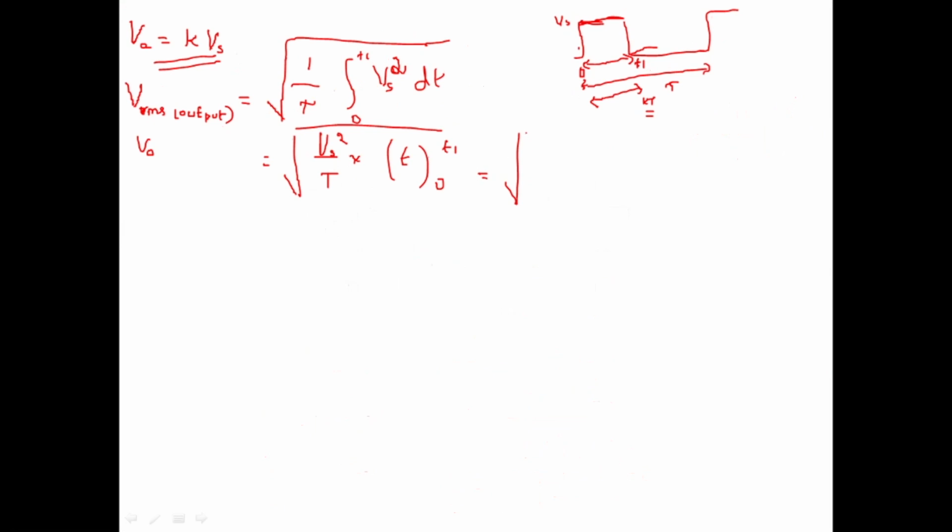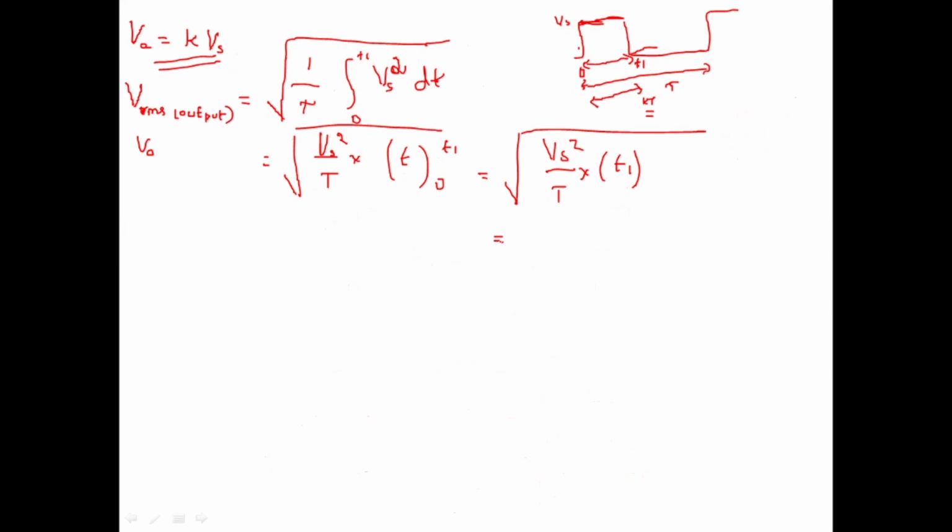Root of Vs squared by T, this T we can call T1, since the integration of dt is t, from 0 to T1, minus 0, T1.